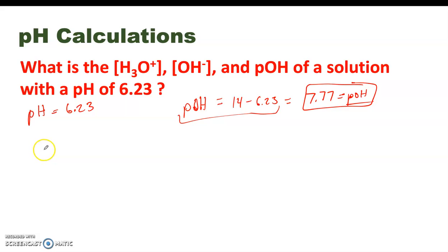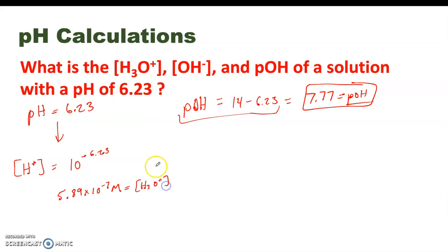Then the next thing, now that I know my pH and pOH, the easiest way to find the H plus concentration, in my opinion, is to just go 10 to the minus pH, which is 10 to the minus 6.23, and that equals 5.89 times 10 to the minus 7. Your units are molarity, and that is equal to my H plus or H3O plus concentration. So then I circle it.